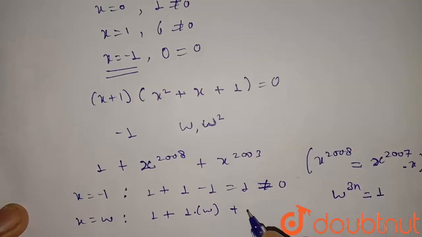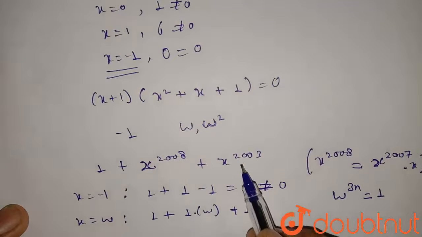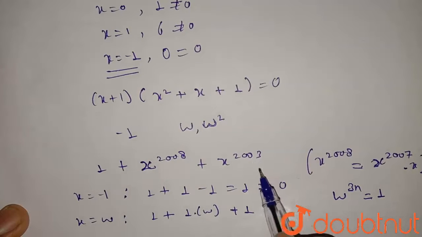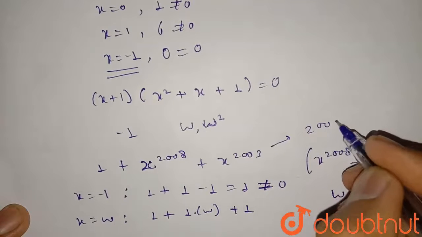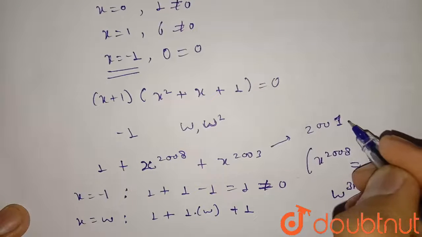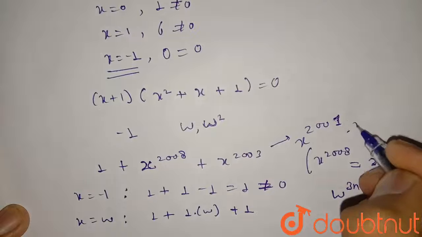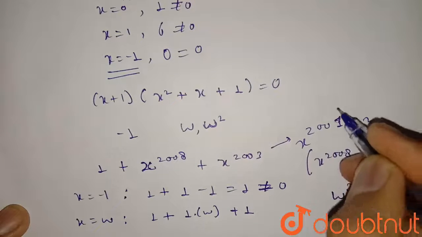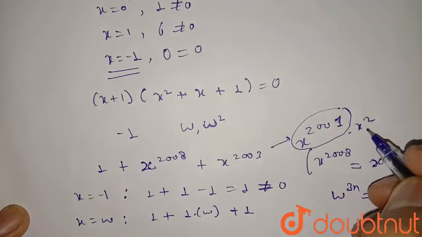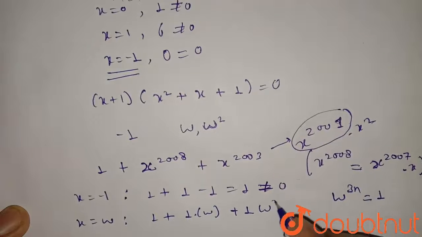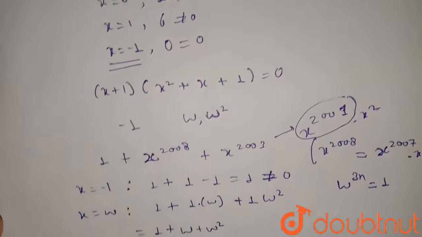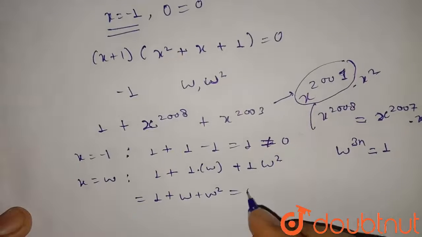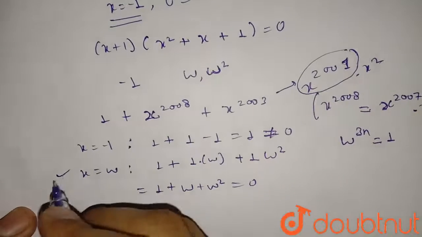Similarly, plus 1 into x raised to 2003. We can write 2003 as 2001 plus 2, so x raised to 2001 into x square. This is a multiple of 3, so its value is 1, and only x square remains, so omega square. So this comes out to be 1 plus omega plus omega square. The value of this we know is 0, so this is a common root.